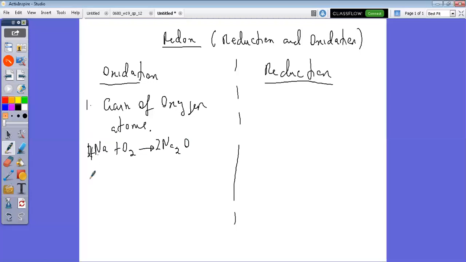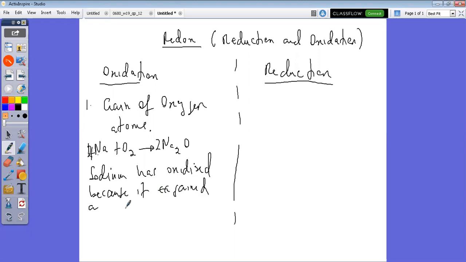So you can write that sodium has been oxidized because it gained an oxygen atom. Clear?